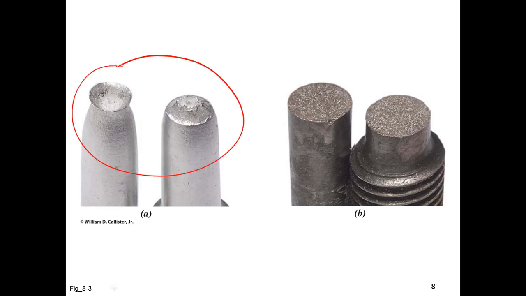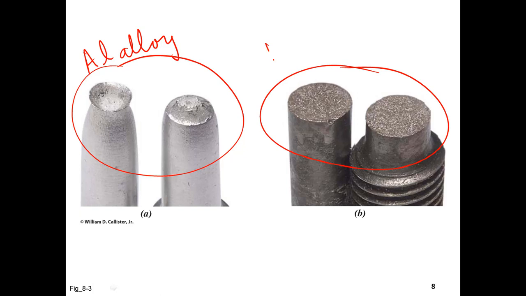This is an aluminum alloy, low carbon steel alloy. So clearly the metals can have both types of surfaces depending upon the alloy type as well as the experimental conditions.